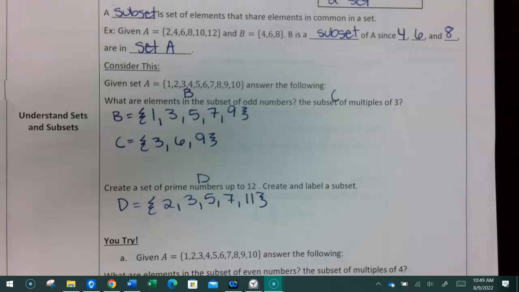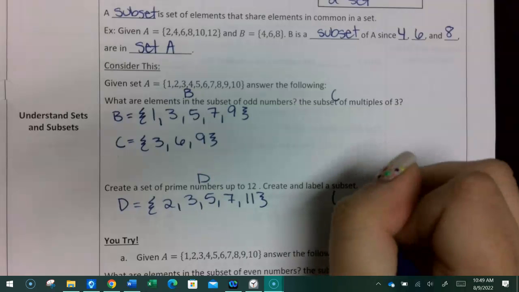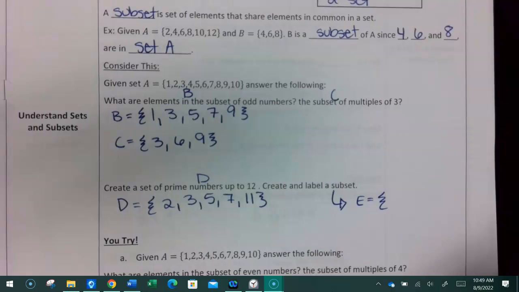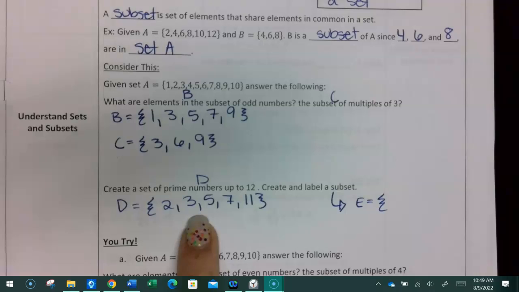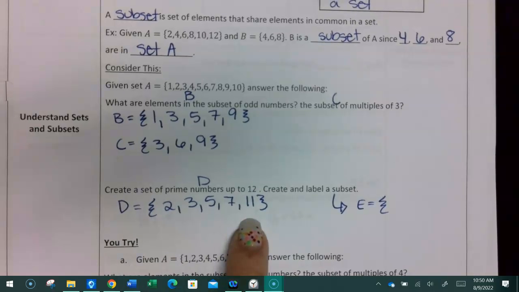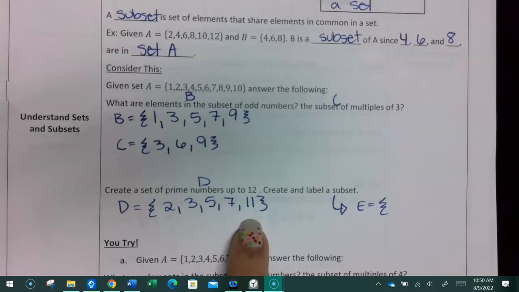So now it wants me to create and label a subset. So I'm going to name this one E. How can I make a subset of these? So I want to pick only some of those numbers. Any ideas? So all of these numbers are prime, but how else can I split these numbers up? Even and odd.